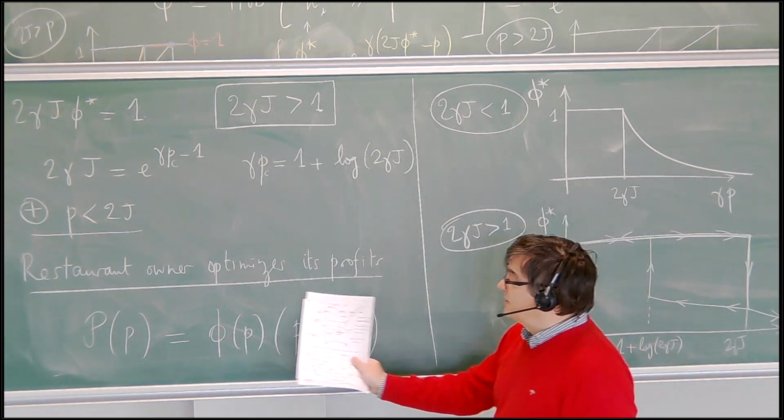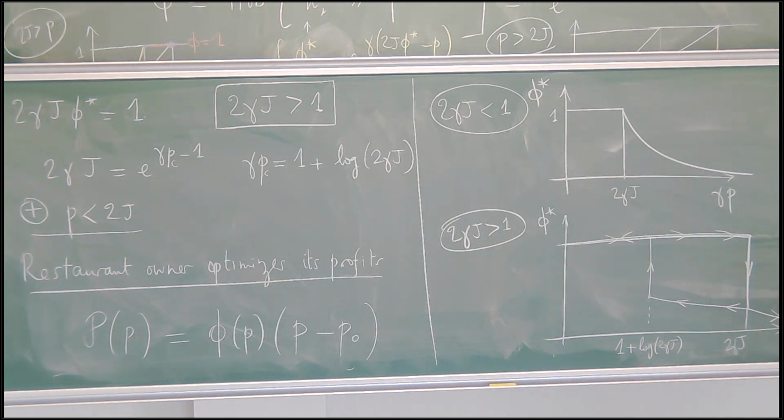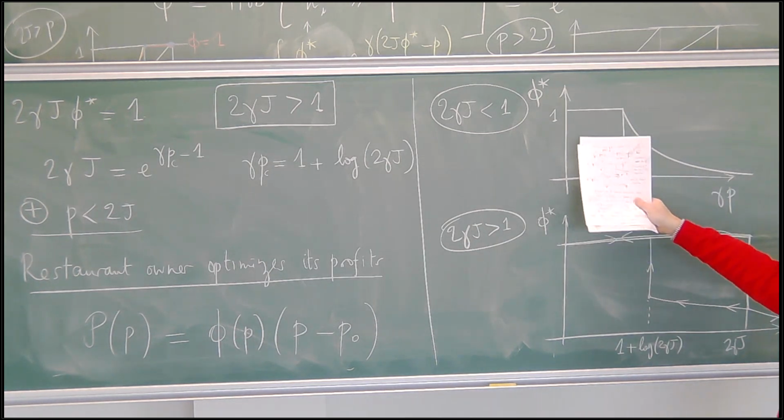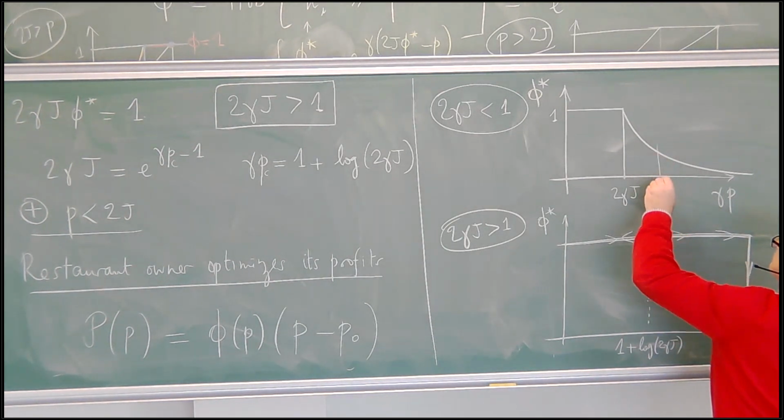This is what is going to give you the price at which you should open your restaurant. In this case, because phi is a decreasing function, there's a well-defined maximum, somewhere here, maybe, gamma p star.